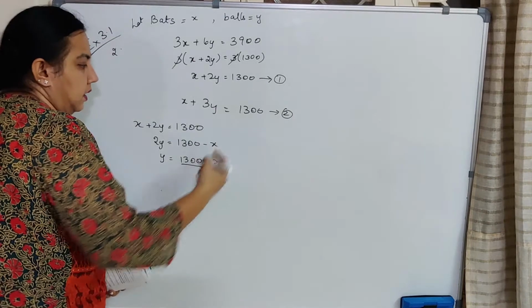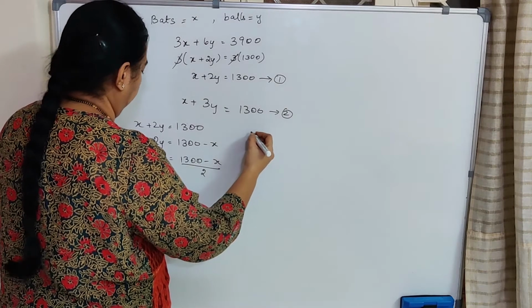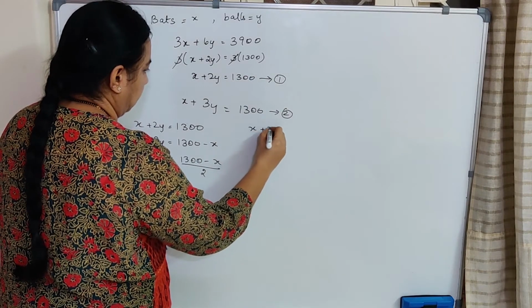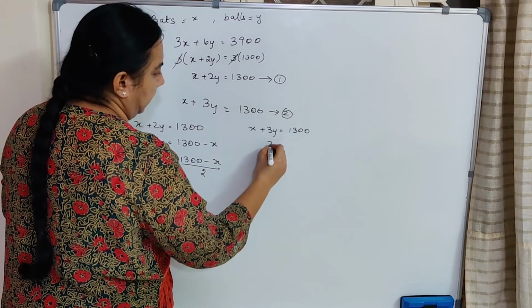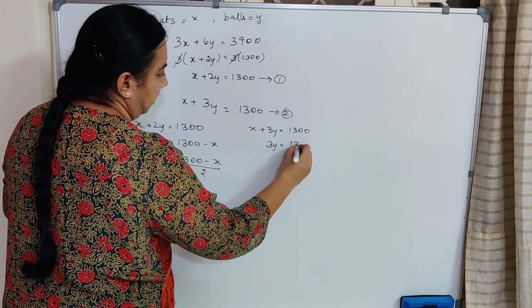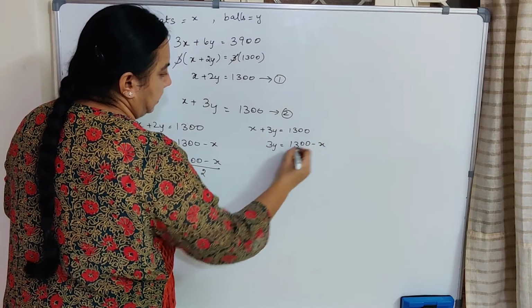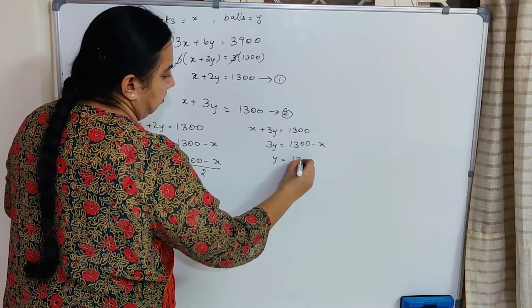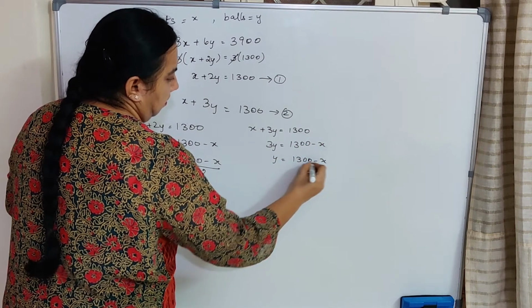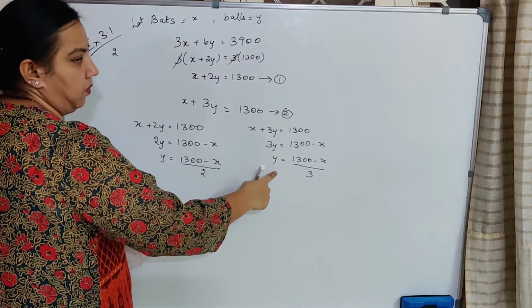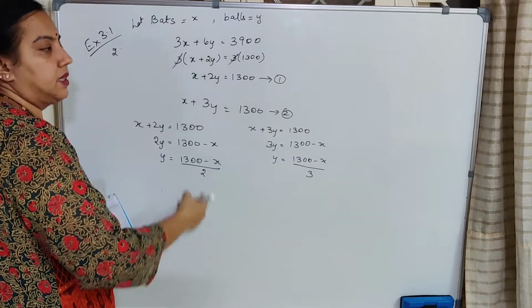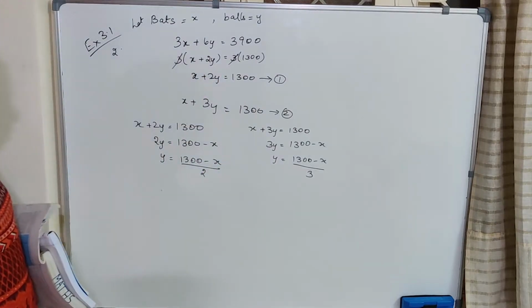While solving the second equation, x plus 3y is equal to 1300, here again 3y alone, keep it here, minus x, y is equal to (1300 minus x) by 3. Here I have one y, here I have one y. So I have two different lines and I am going to represent them on a graph now.